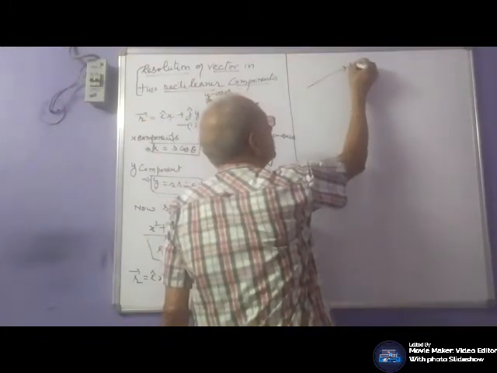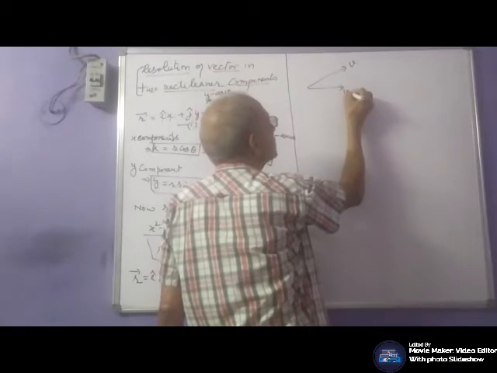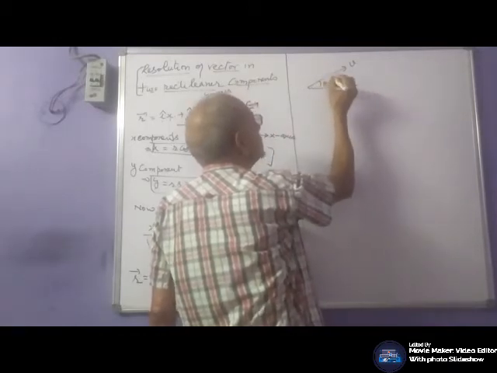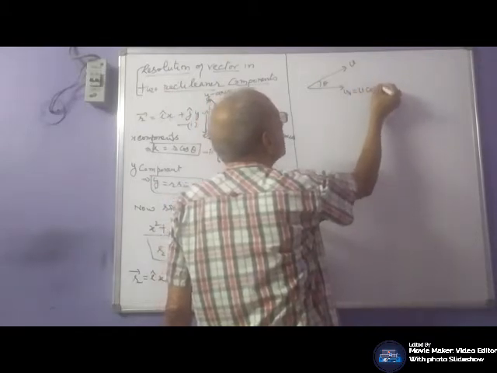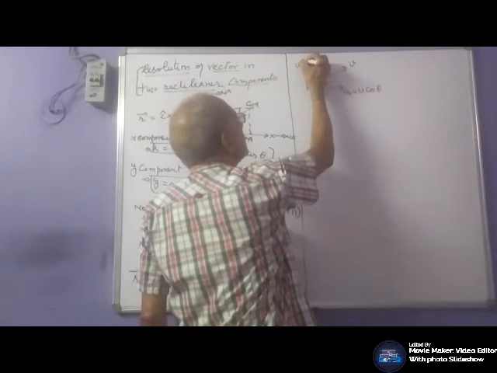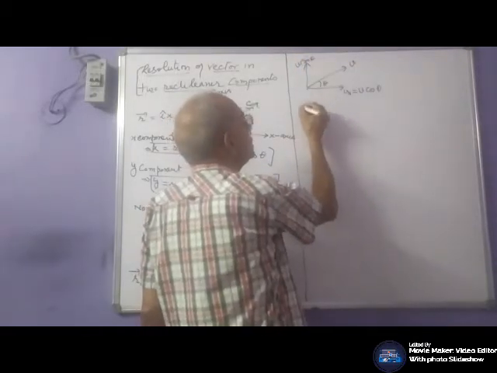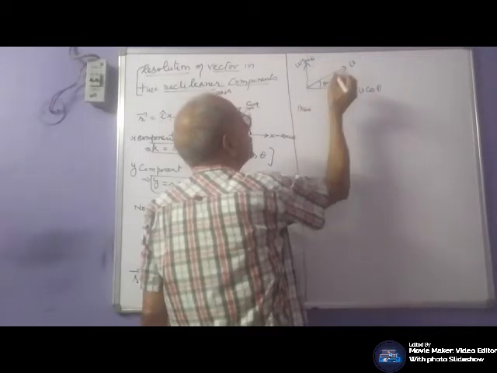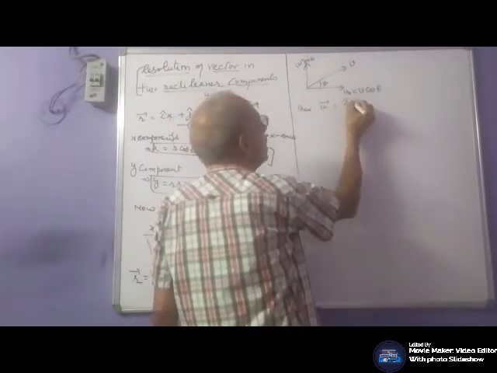Say this is V, then this component is Vx, towards theta V cos theta, perpendicular V sin theta. Then V vector is what?